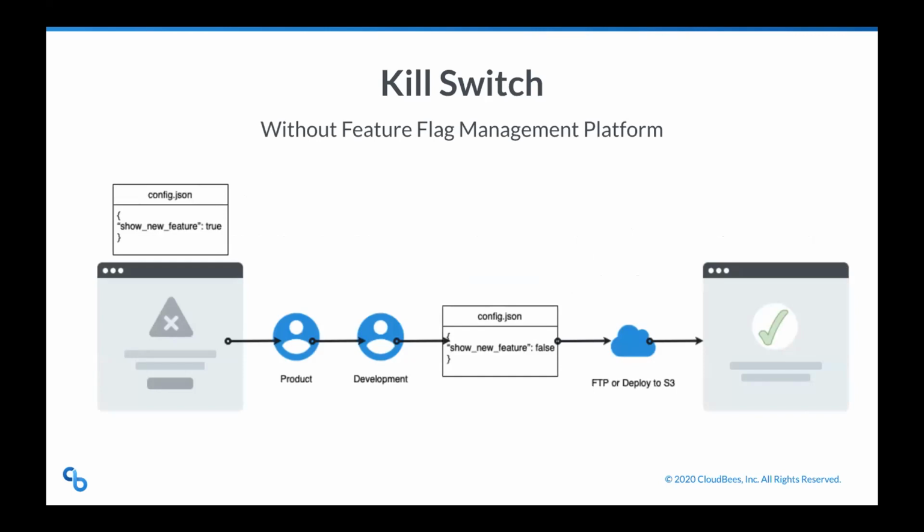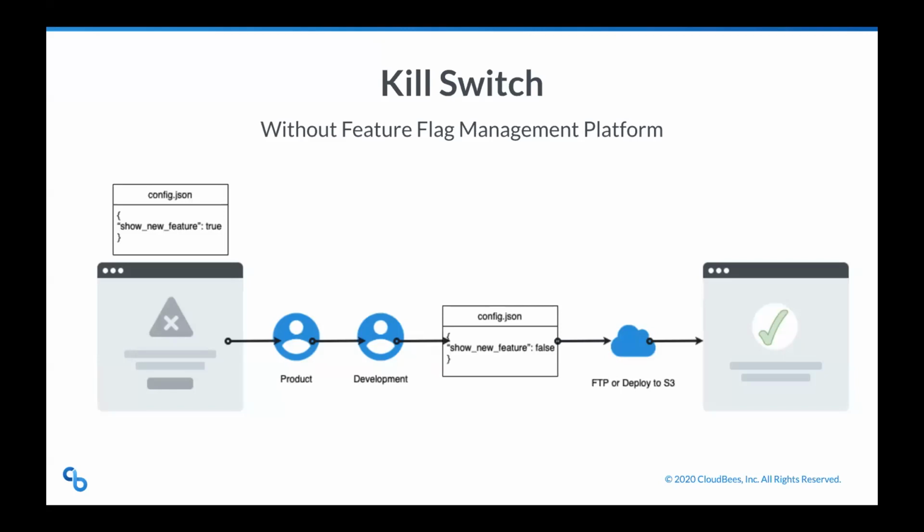So let's take a look at this illustration outlining this process. As in any case, when an error occurs, the product team is alerted of the problem. They in turn would have to notify the developers, who will then make the modified changes to the static configuration file, such as a config.json file.